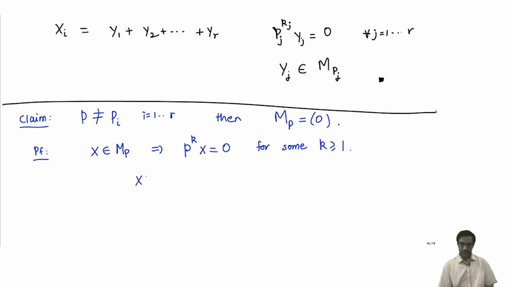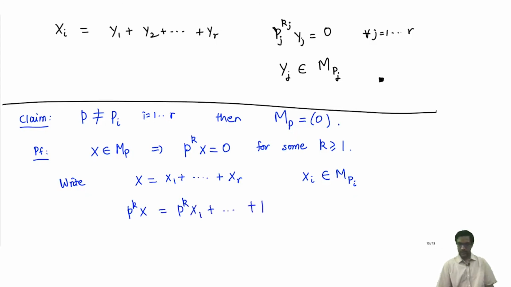So let me first write x as x1 plus x2 plus xr, where each xi comes from the corresponding M_Pi. Now P to the k x is therefore P to the k x1 plus dot dot dot P to the k xr. Okay, and this is 0.